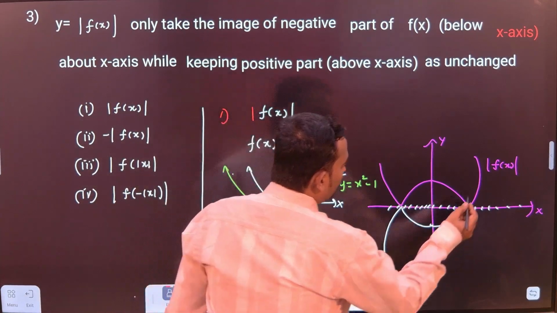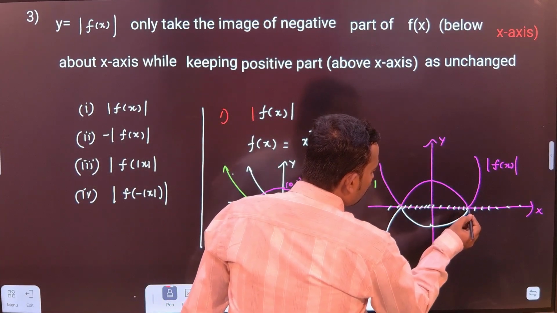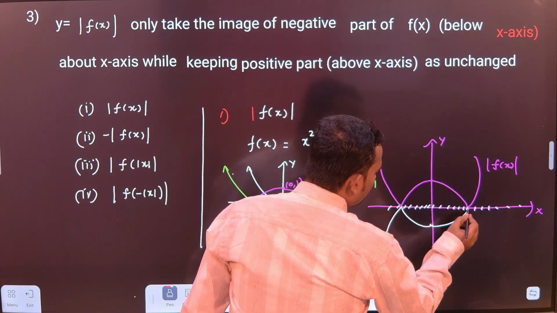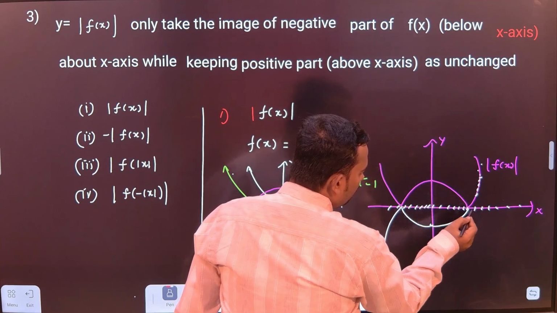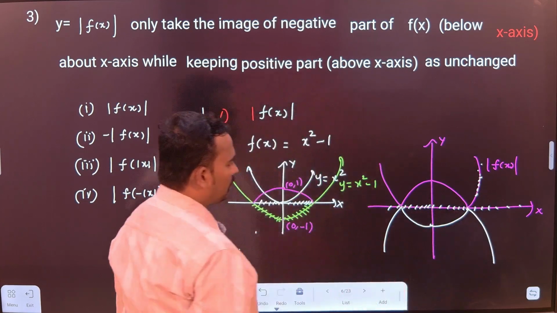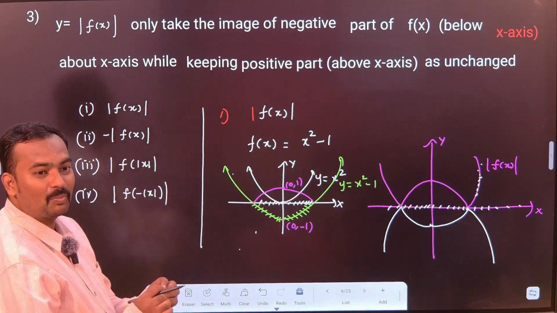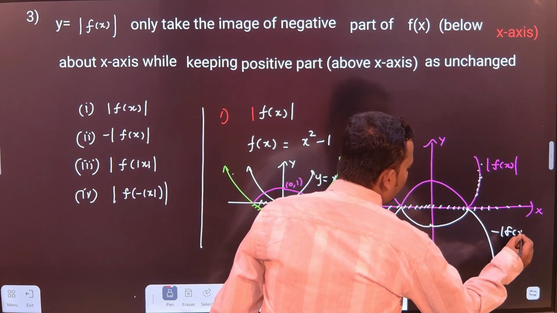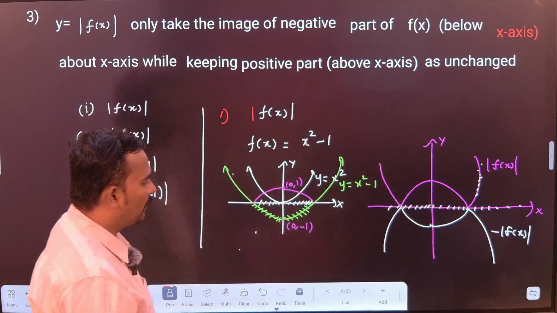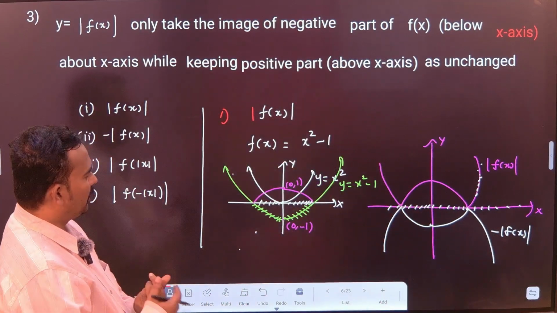So how to write this one? You can see this is a mirror. Whatever the above portions, this will be like this. Okay, this is your minus mod f of x. Understand? Okay, fine.